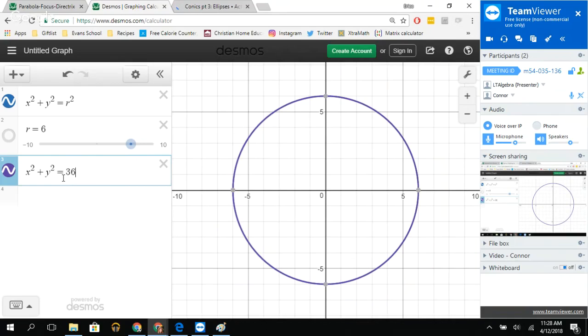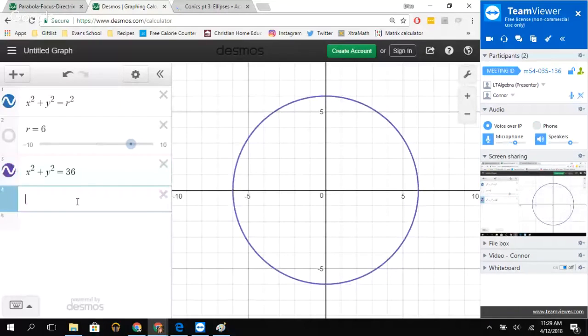Desmos makes circles super nice. Before we had Desmos, when you wanted to graph a circle on your TI calculator, you had to graph the top part. Think about this equation, x squared plus y squared equals radius squared. In order to graph it, you would have to send your x squared to the other side and take the square root, and then you have the positive or negative square root.